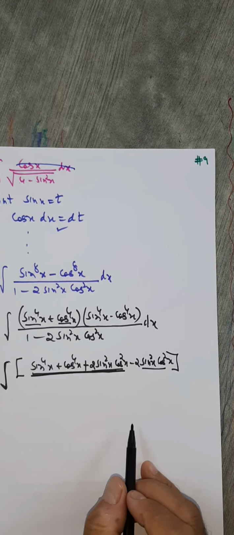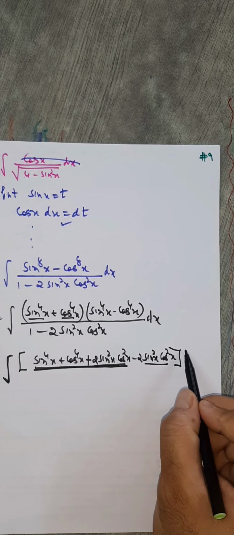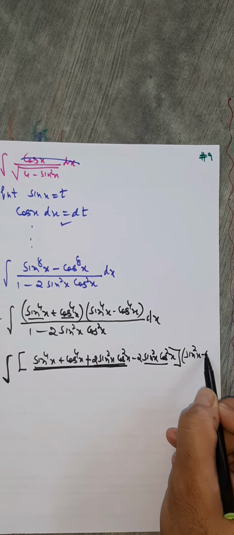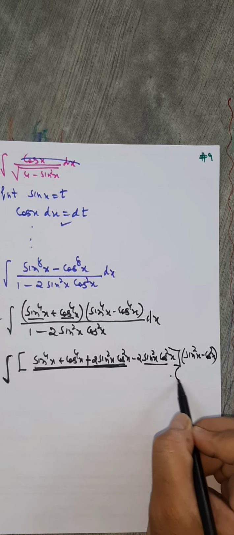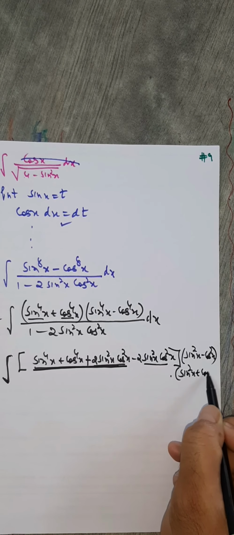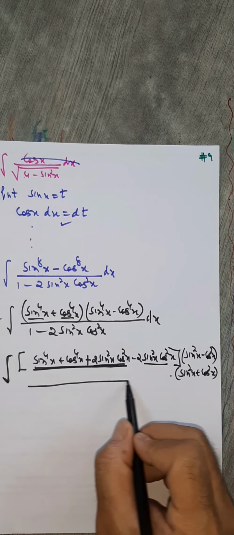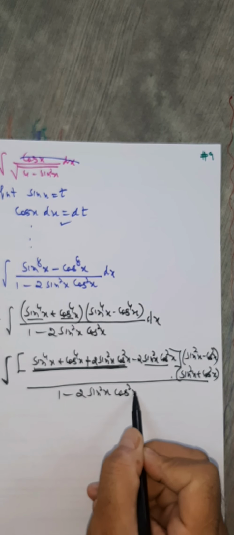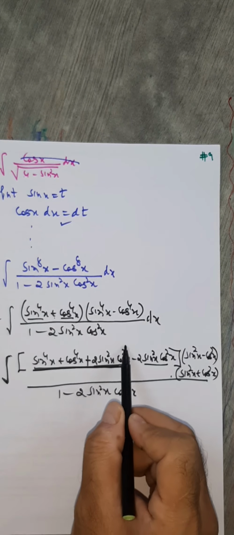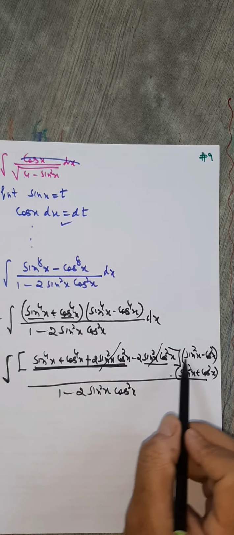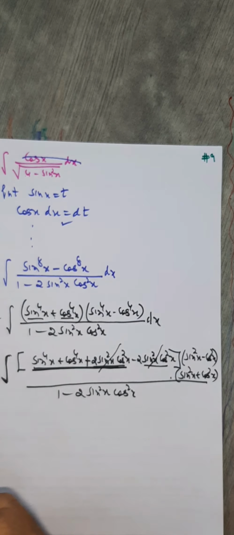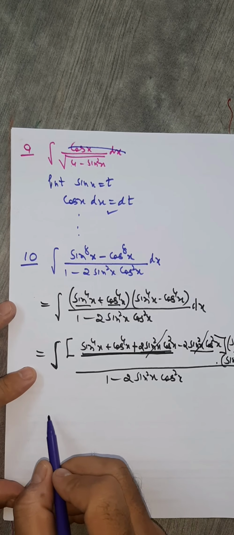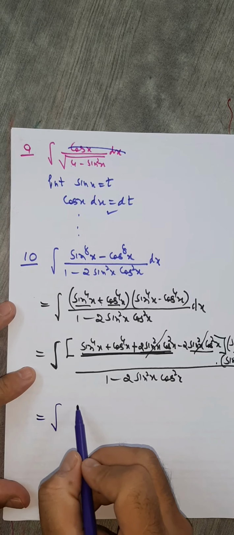Okay. What are the factors of this? It has two further factors. Here you have sine square x minus cos square x into sine square x plus cos square x, the whole upon 1 minus 2 sine square cos square as it is, remember. Adding and subtracting this middle term, remember. Further two factors, a raised to 4 minus b raised to 4. So this is equal to, now what is this?